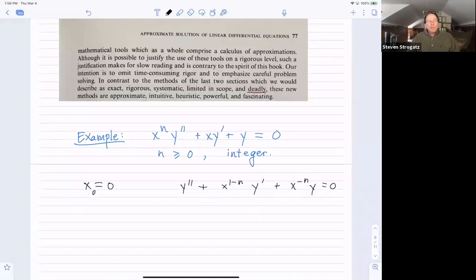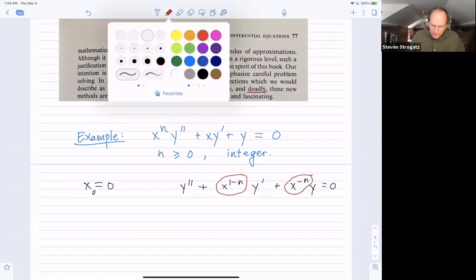And we said that we have an ordinary point if we look at these coefficients. We don't want those to be singular at all. I mean, they should be analytic. So what powers of x would give me something analytic in both cases? Well, I better not have any negative powers of x, right?